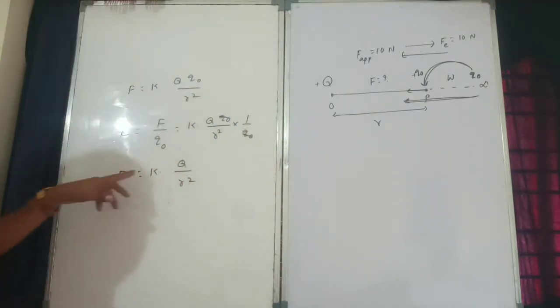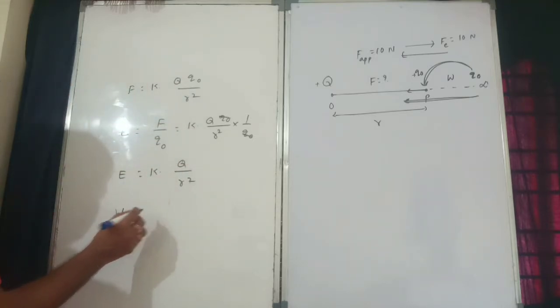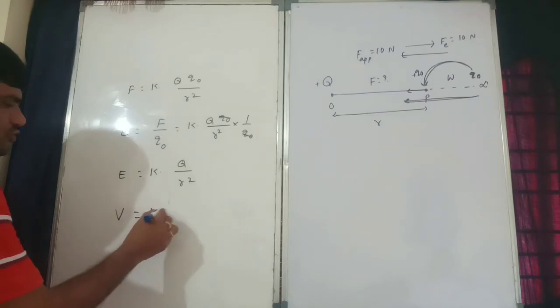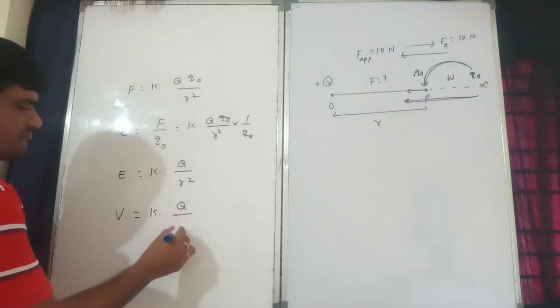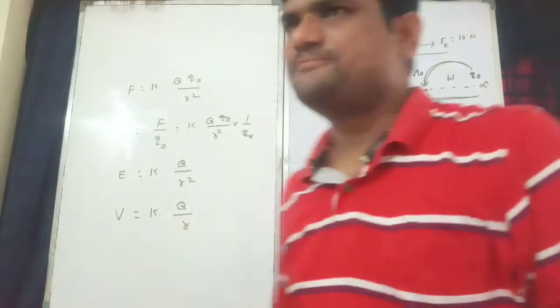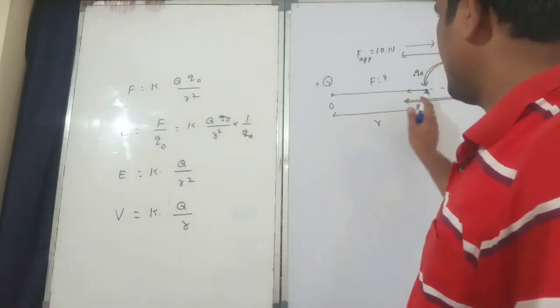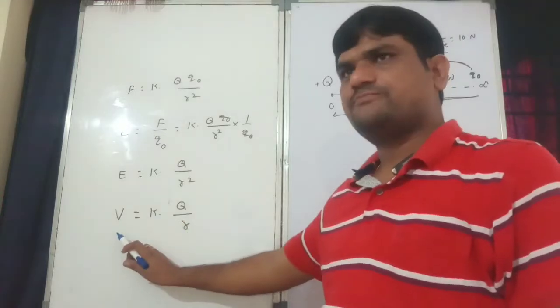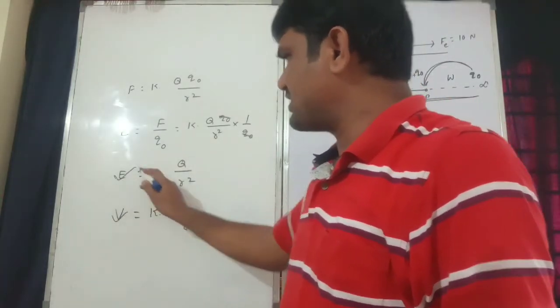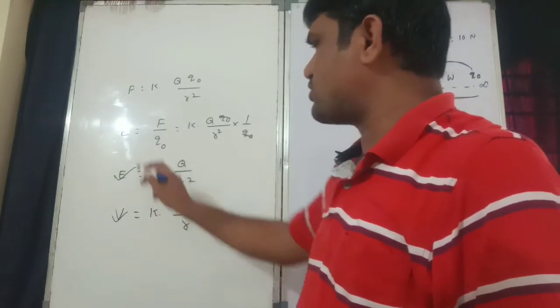F is equal to this one, E is equal to that one. Next one, potential. What is the potential formula? Potential is equal to K into Q by R. Electric field is K into Q by R square.